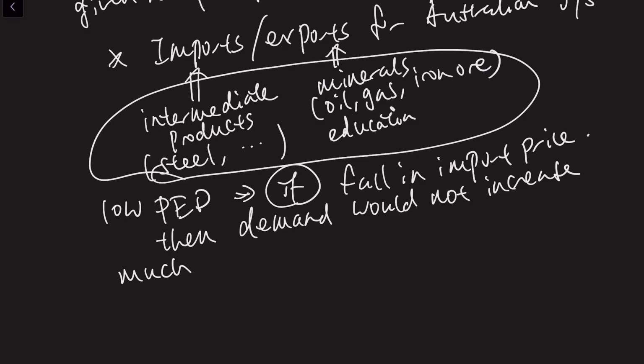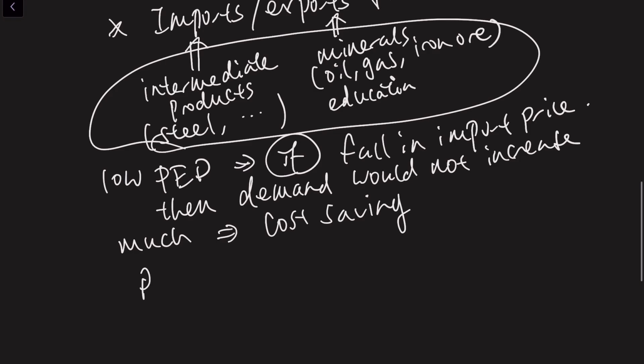Imports cars, imports stationaries, imports computers, phones, laptops, clothing, things like that. If the price falls, you are not going to purchase another car. So generally speaking, they have low price elasticity of demand. So when price falls, demand would not increase as much. And this would result in cost savings. So you are overall spending less money than before because the price is lower and your consumption remains relatively the same.